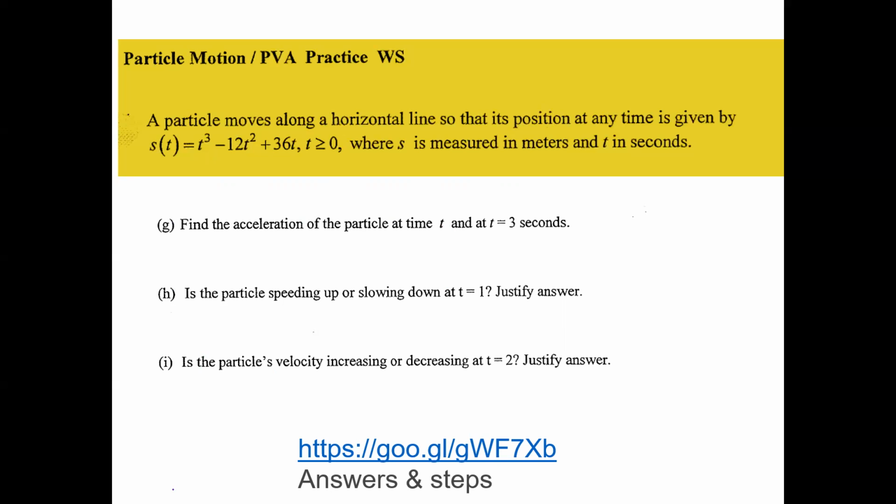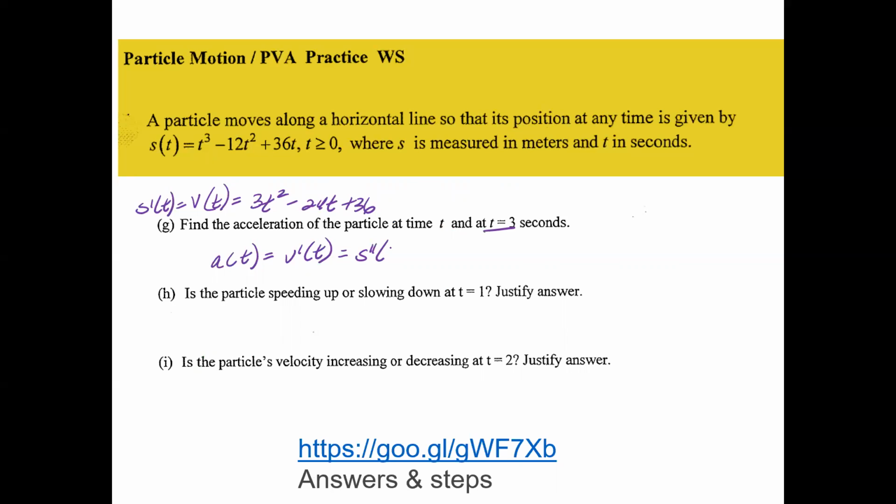Okay, so looking at G, this is find the acceleration of the particle at t equals 3 seconds. So you know that the velocity that we had is 3t squared minus 24t plus 36. Well, remember, acceleration is going to be the first derivative of velocity. And remember, your velocity was the first derivative of your position function.